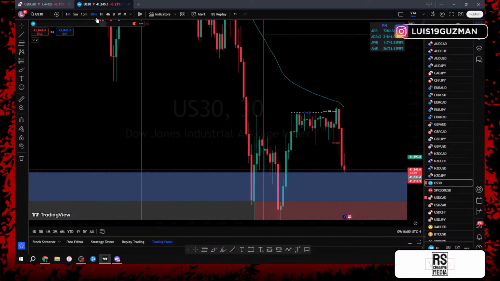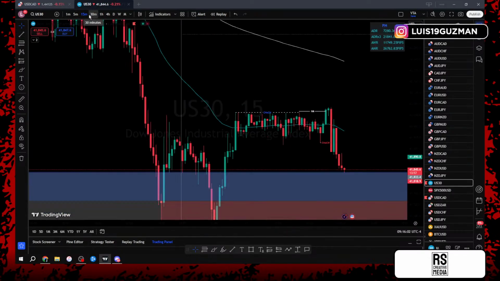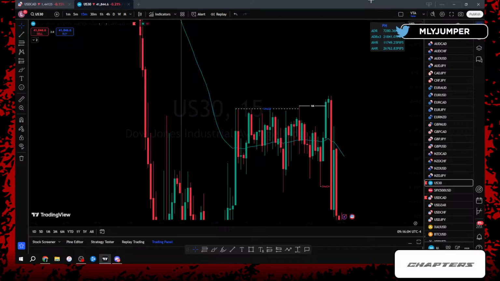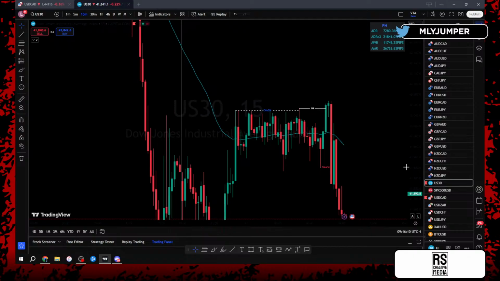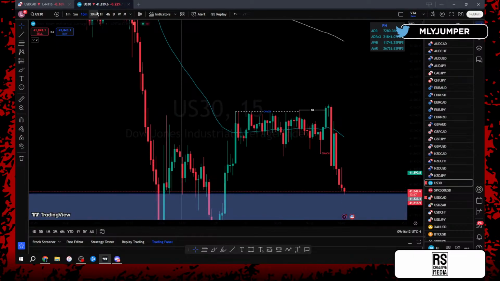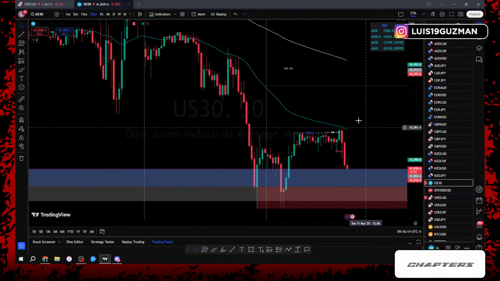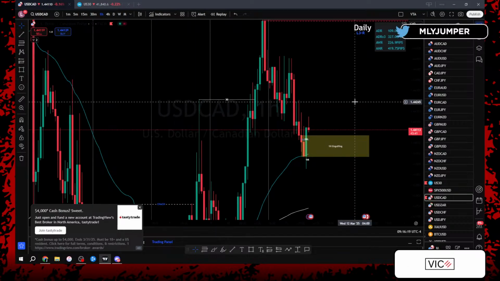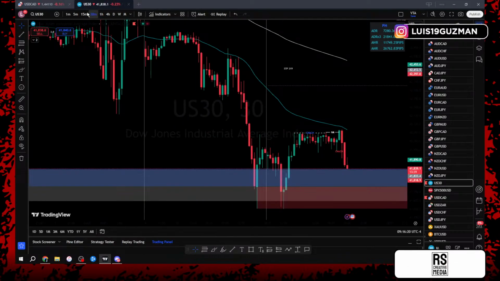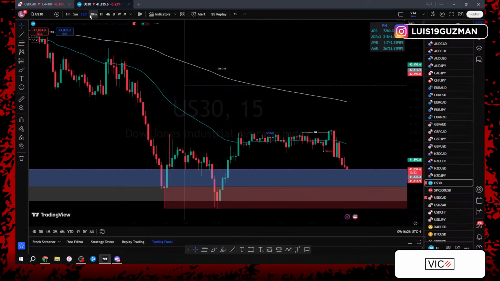Pretty much projecting that previous lower high point. Price gave a nice 15-minute engulfing retest on US 30 too. That's what I was trying to tell you earlier about the 30-minute engulfing. It gave it to you on the 15.